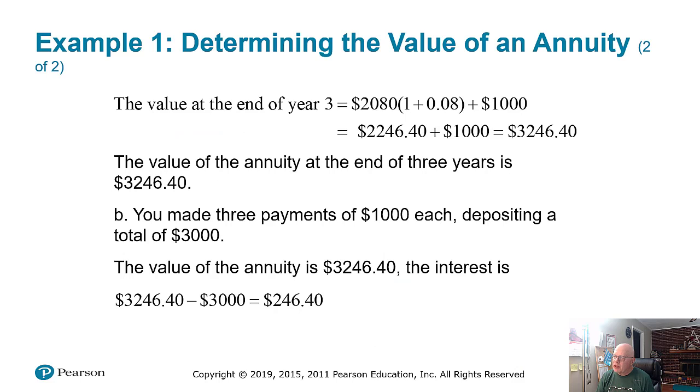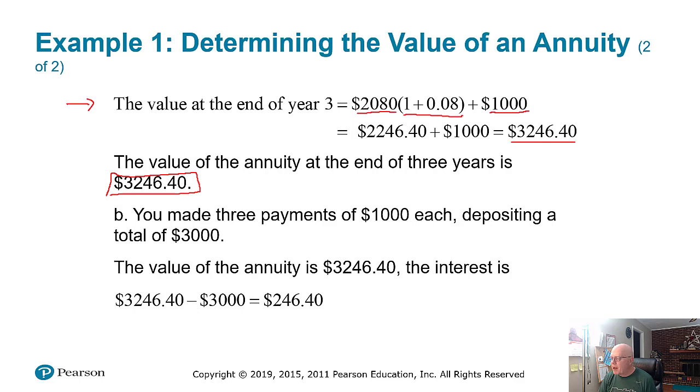What about the third year? Okay, you've already got $2,080 in. It's gaining interest. That's what this part is for. And you're going to put your usual $1,000 in at the end of the year. What do you have at the end of 3 years? $3,246.40. So the value of the annuity is $3,246.40.